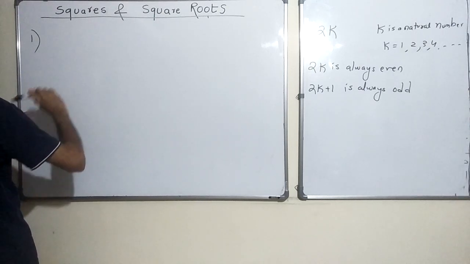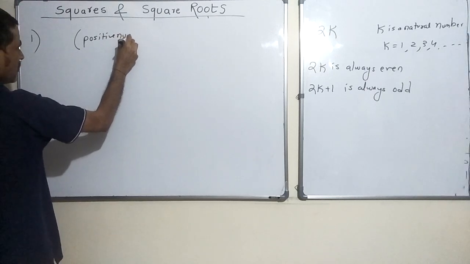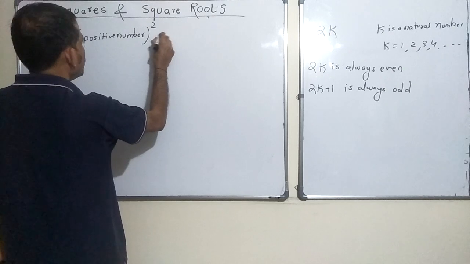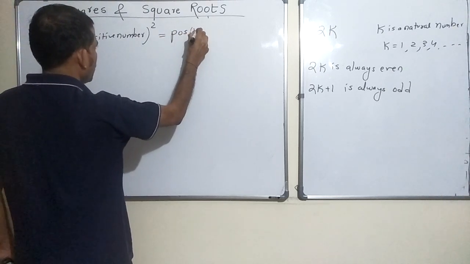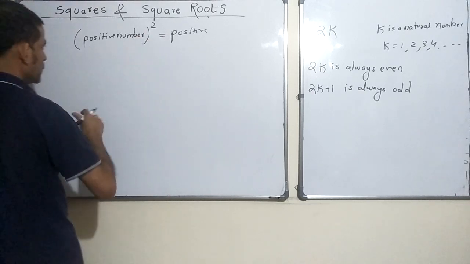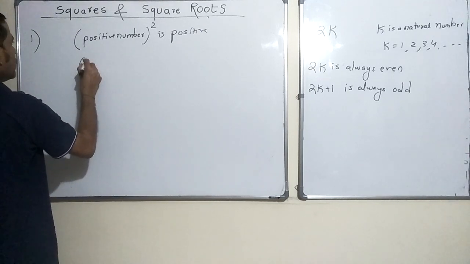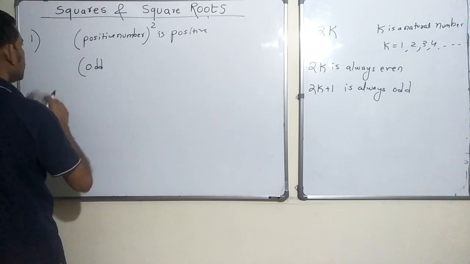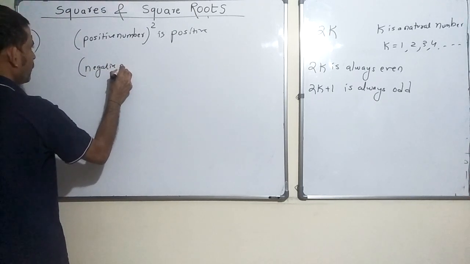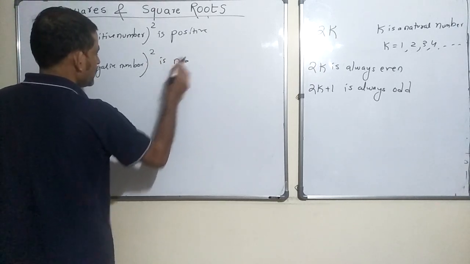So what I am saying is the square of a positive number is positive, and the square of a negative number is positive again.